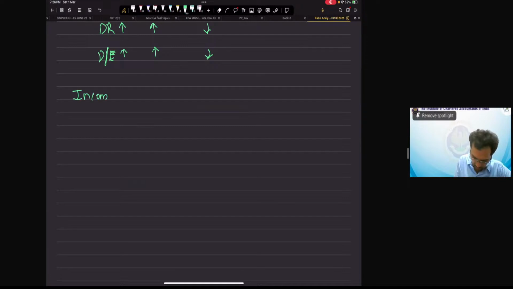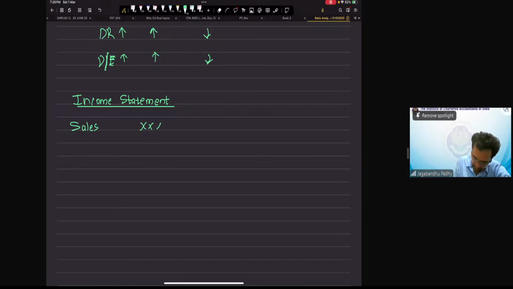Okay. Now, let's try to prepare an income statement for our analysis purpose, after which we'll take a break and then we'll go for the next long-term solvency ratio. So let's say our income statement starts with sales.